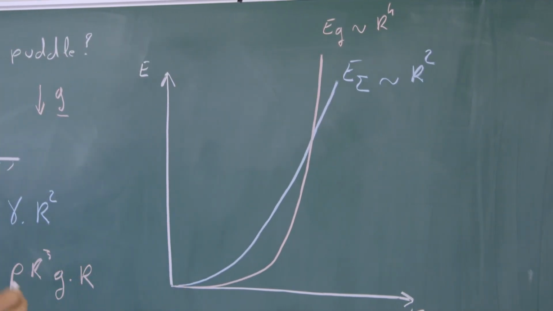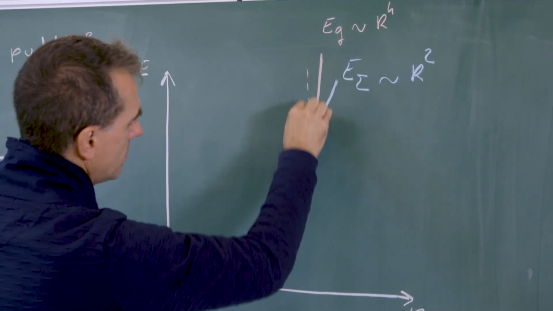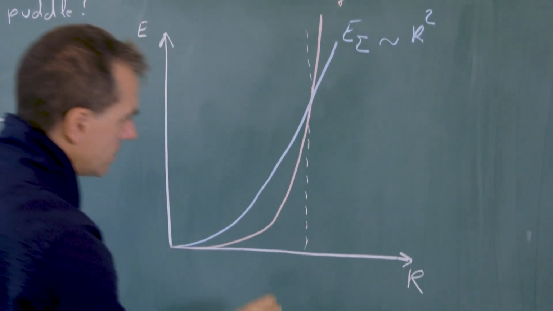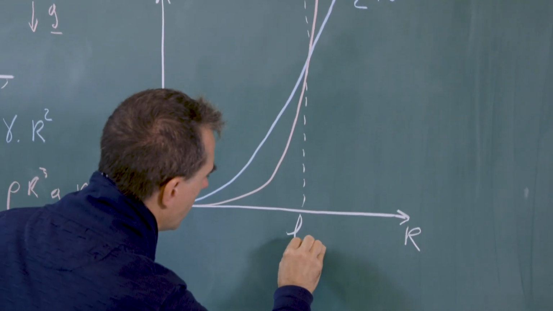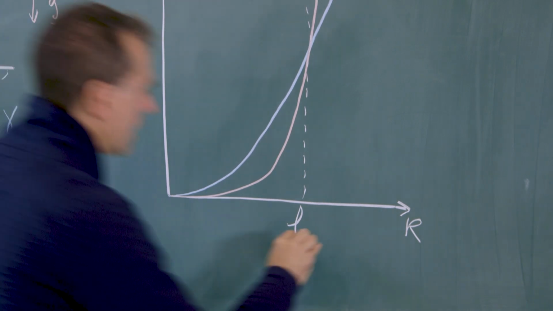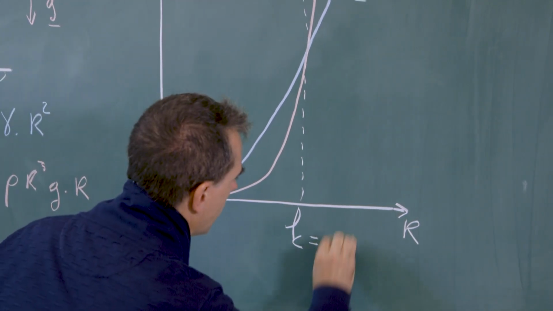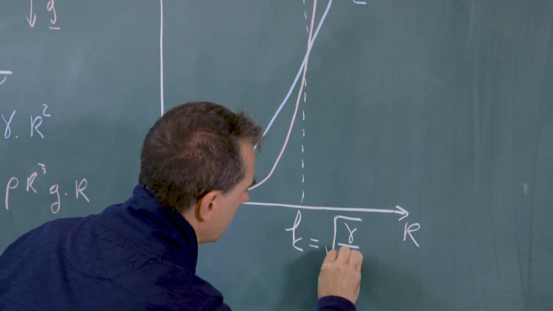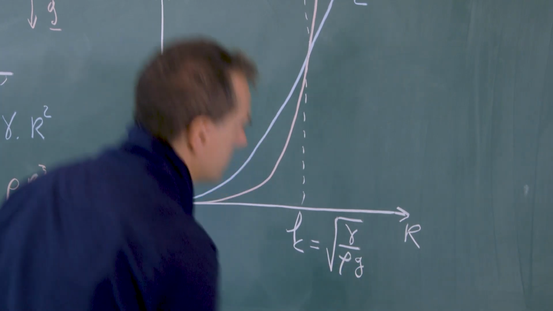And what you see on this plot is that these two energies cross for a well-defined length scale, LC, that writes square root of gamma divided by the density times gravity.